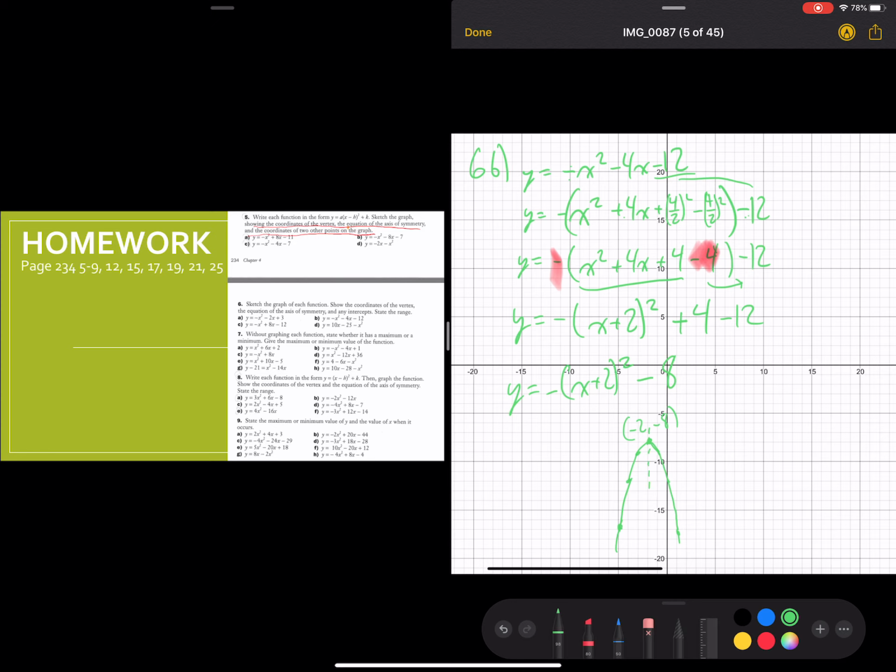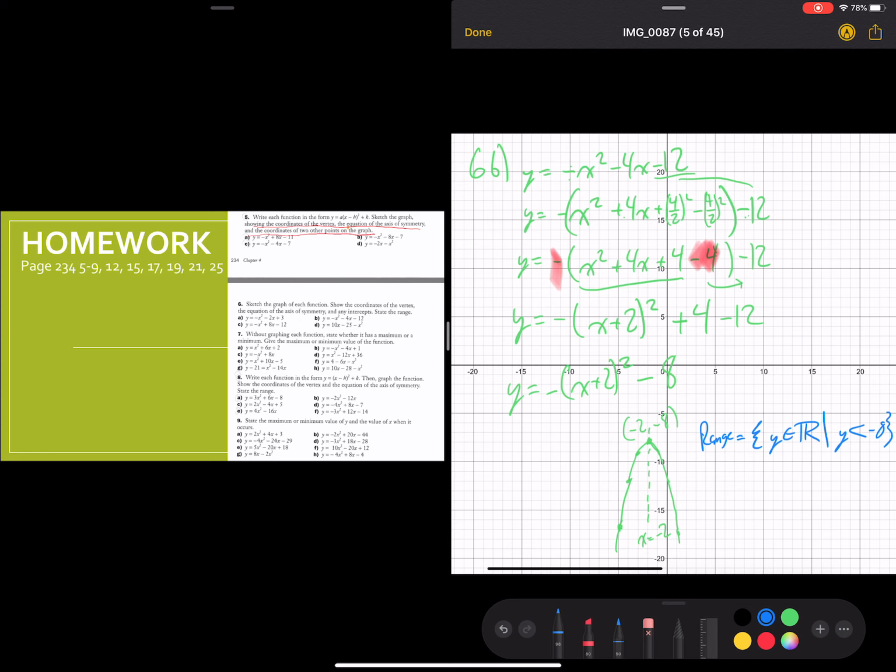And my axis of symmetry is whatever the x value is. X equals -2. What else does it say? State the range. Y equals set of y element of R such that y is less than or equal to -8.